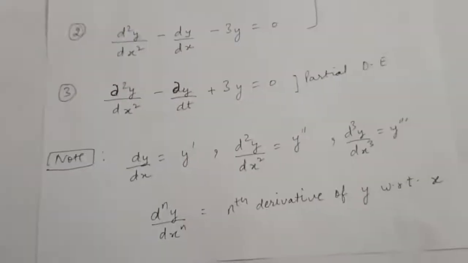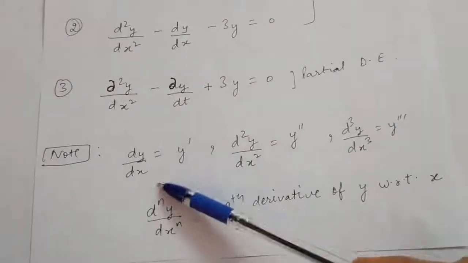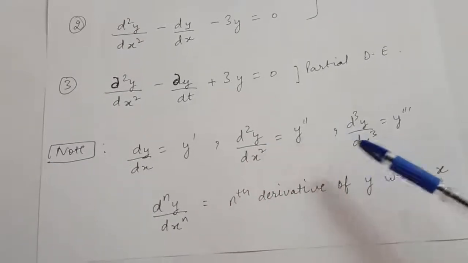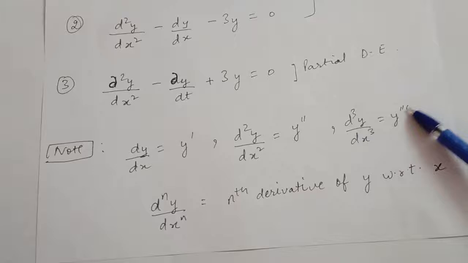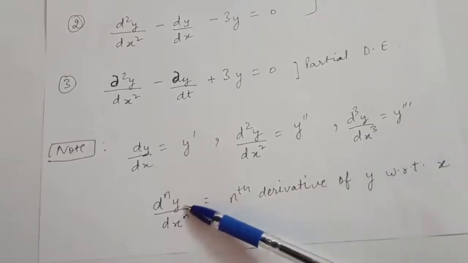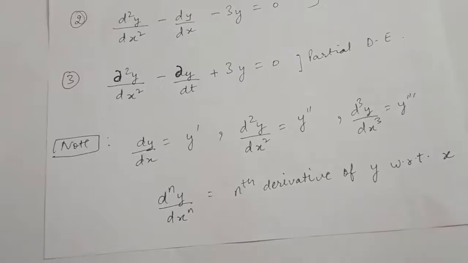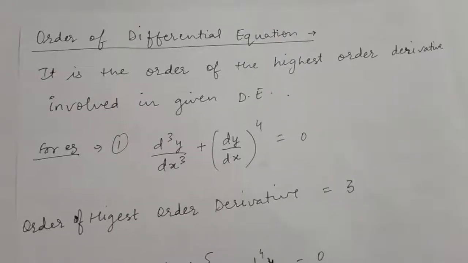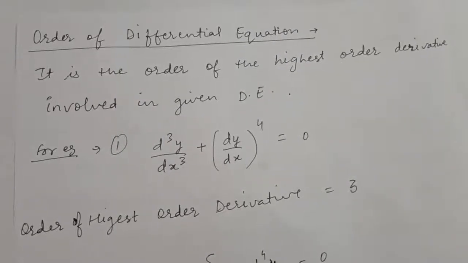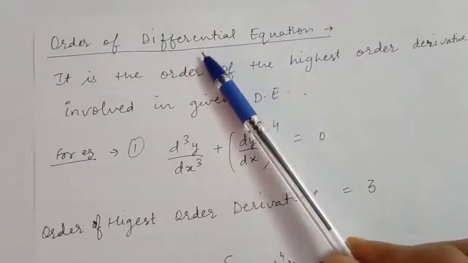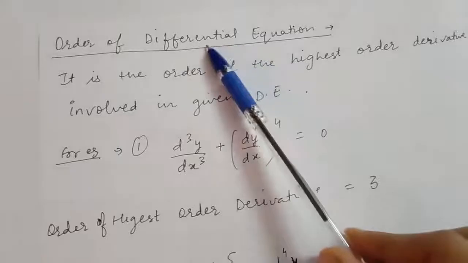Now you already know that we can write dy by dx as y dash, the second order derivative as y double dash, this as y triple dash, right? And this means the nth derivative of y with respect to x. Now first topic is order of differential equation. As now we know, an equation involving derivatives is differential equation, right?